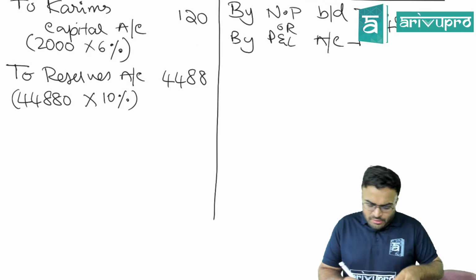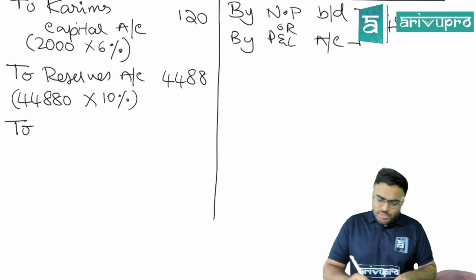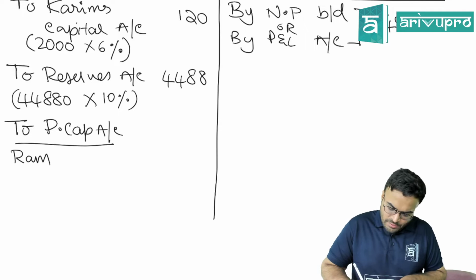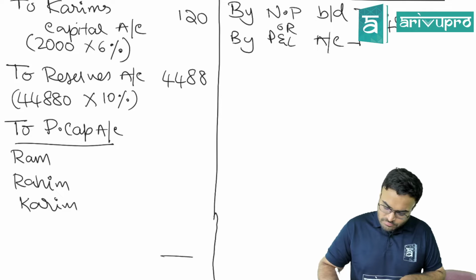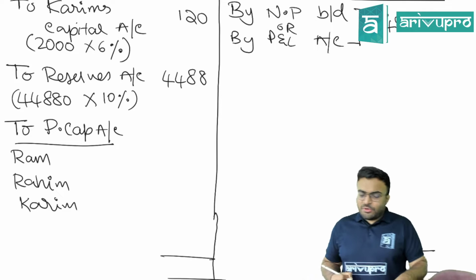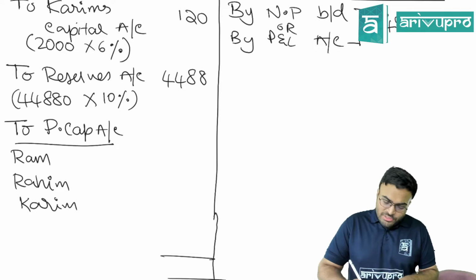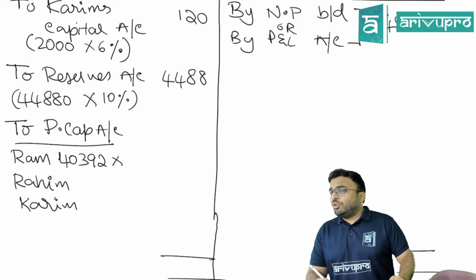Clear? Now, do we have salary, interest on capital, anything? Nothing, right? So next, it should be to partners' capital account. Who are the partners we have? Ram, Rahim and Karim. So find out what is the profit. 45,000 minus 120 minus 4488 is 40,392. We will distribute this profit in what ratio?